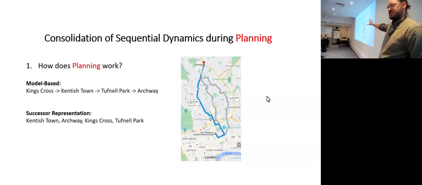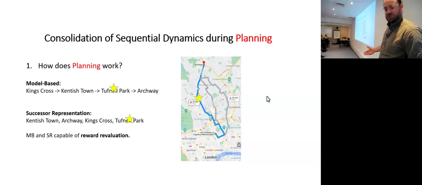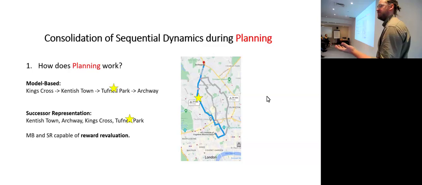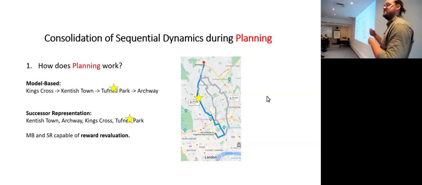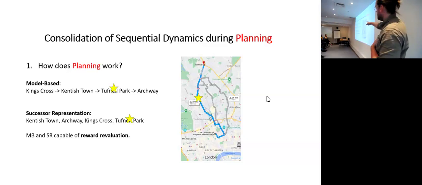Now, both of these algorithms confer particular types of flexibility. So for instance, if I get a new piece of information that some part on this route is now more valuable, or, for instance, the Kentish Town Lidl just closed down. So suddenly, actually, the value of taking this route has decreased to me.